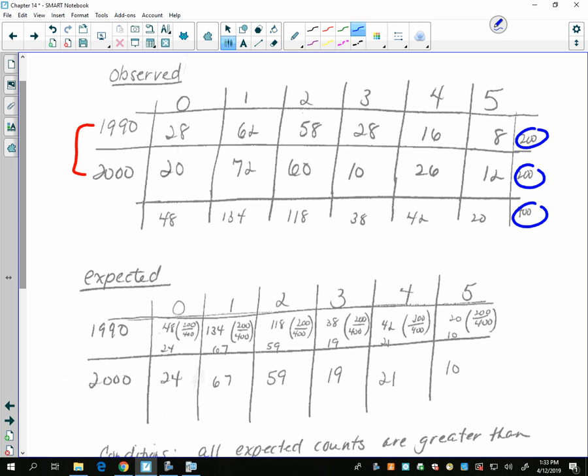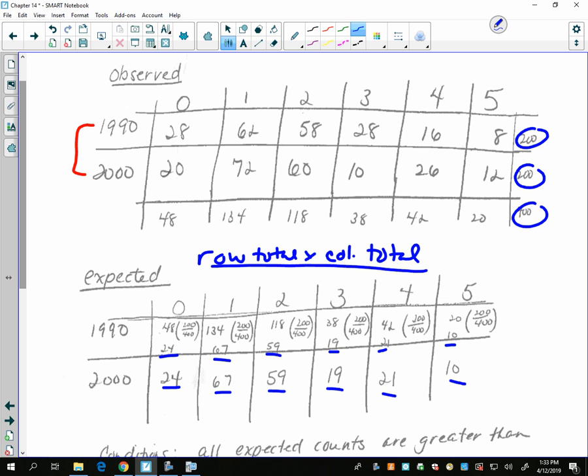So basically it's an even split, which is why the expected counts are going to be the same exact number. Okay, so it's half. This says 200 over 400 times 48. So this really is row total times column total, sorry, over grand total.